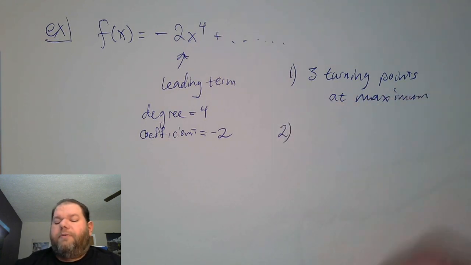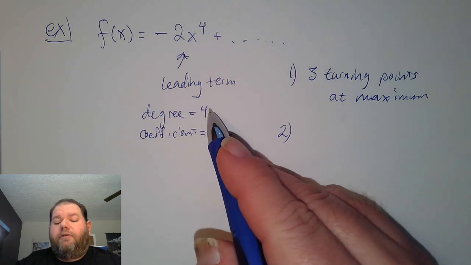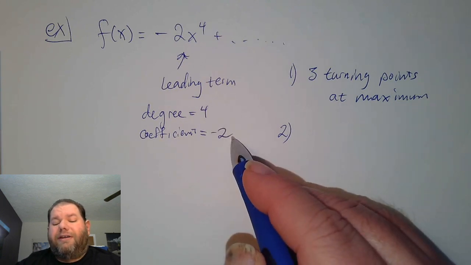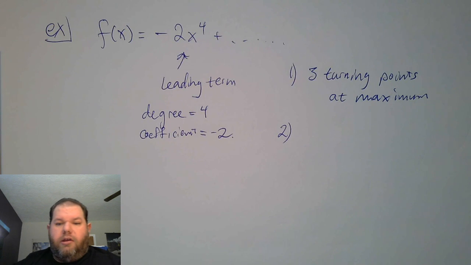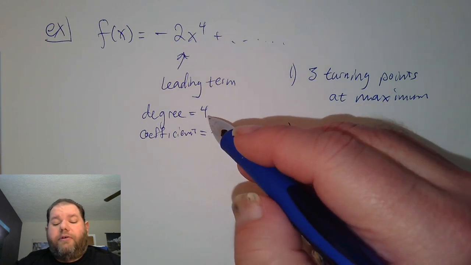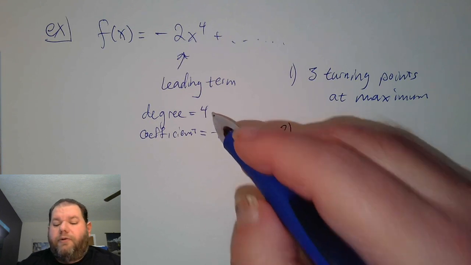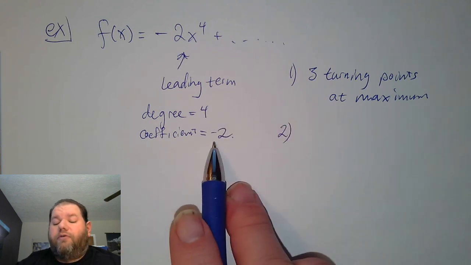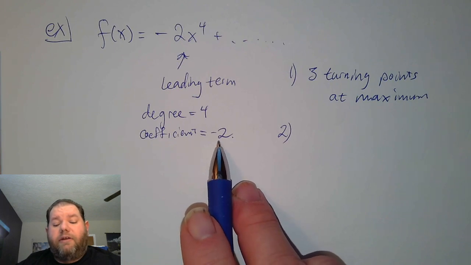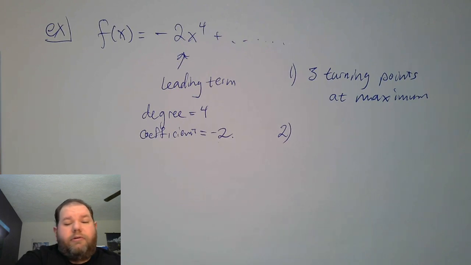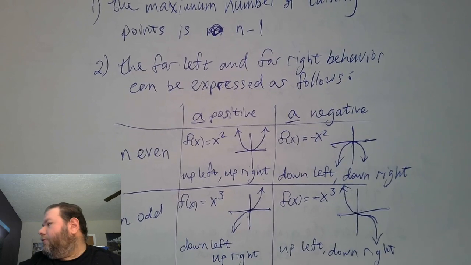And the second, what is the far left and the far right behavior if we have degree 4 and coefficient negative 2? Well, remember the two determining factors were whether the degree was even or odd, and we have an even number, of course, and whether the coefficient is positive or negative, and we have a negative number. So let me show you our table again.